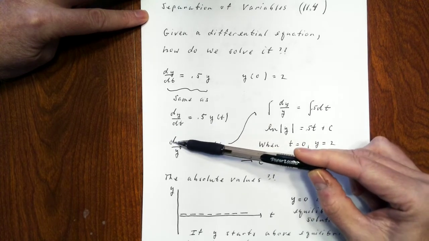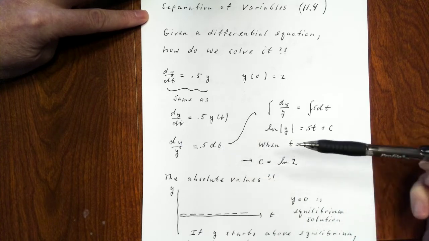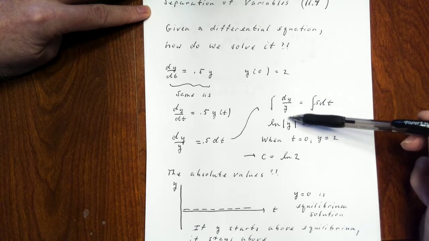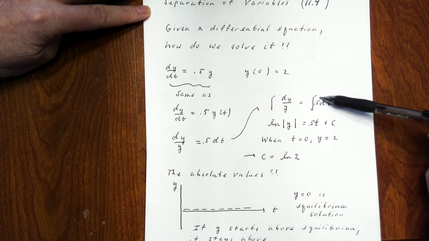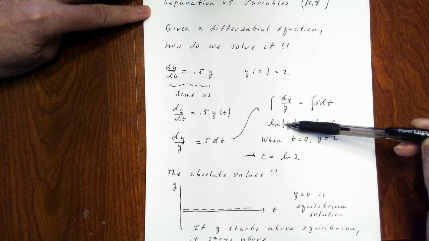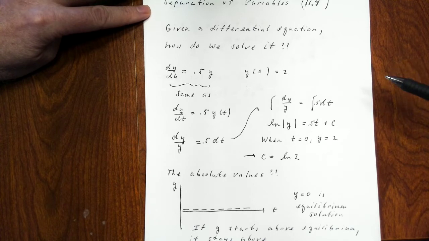To get rid of the dy and to get rid of the dt, we integrate each side, indefinite integrals. If we integrate dy over y, we get the natural log of the absolute value of y. And if we integrate 0.5, we just get 0.5t plus a constant. There's actually a constant on the left side, but we can just clump that together with the constant on the right side.